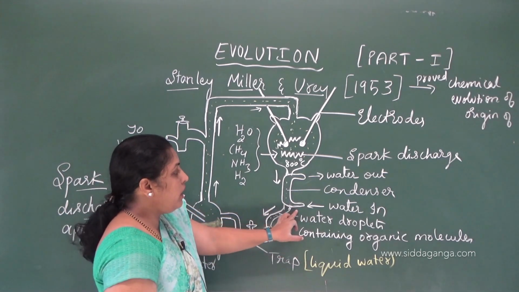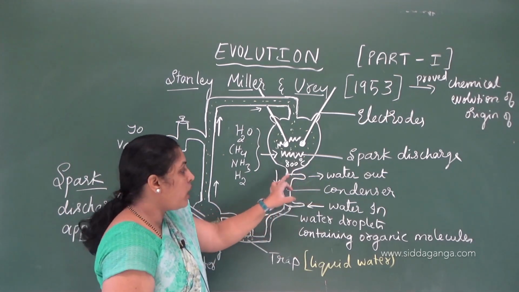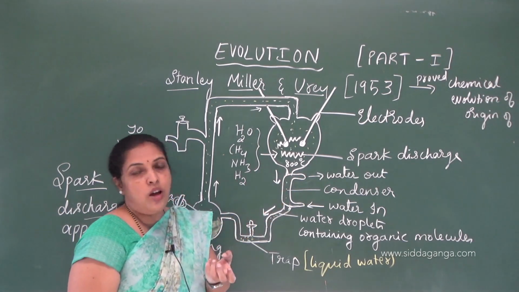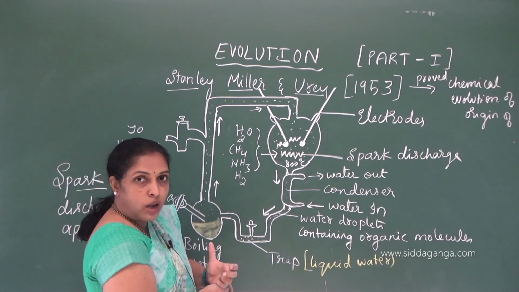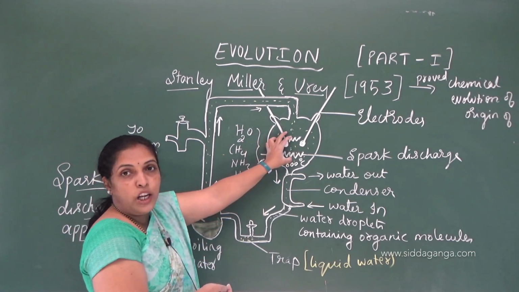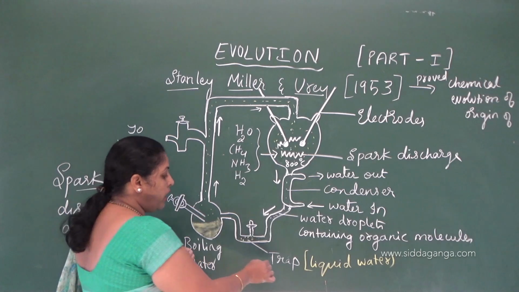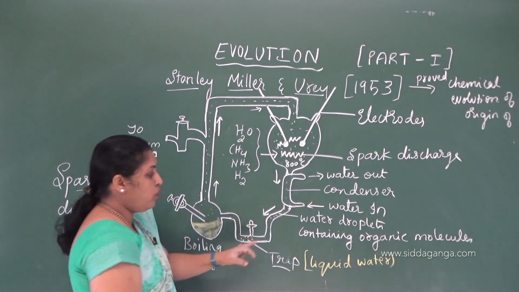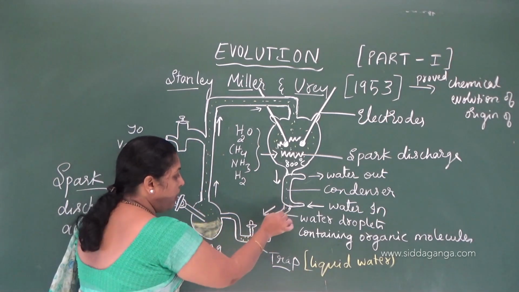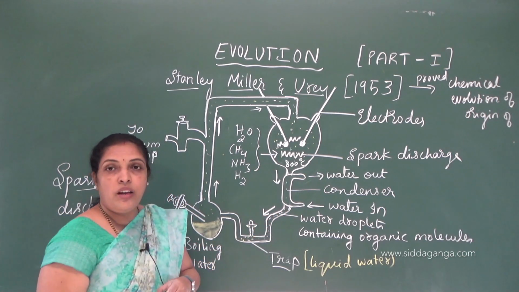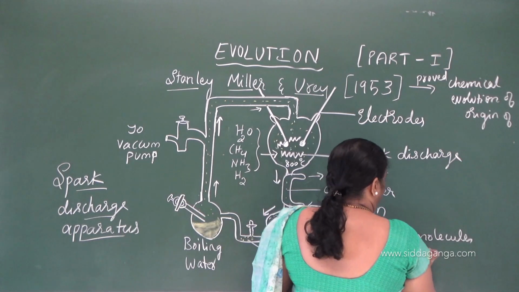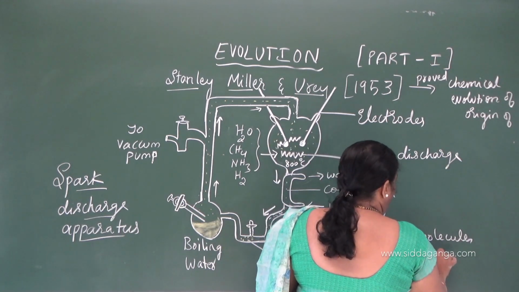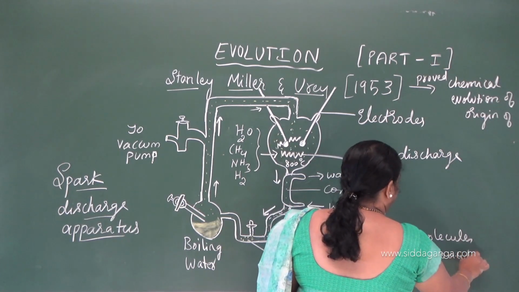Here the water inlet and outlet is present to condense, or cool down, and bring down the temperature. Once the temperature has come down, the reacted inorganic molecules will give rise to organic molecules. The water droplets will reach the trap, which contains organic molecules like amino acids.